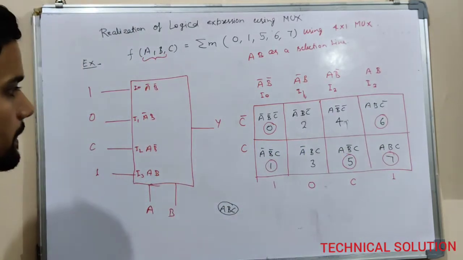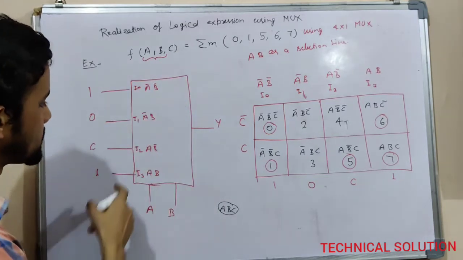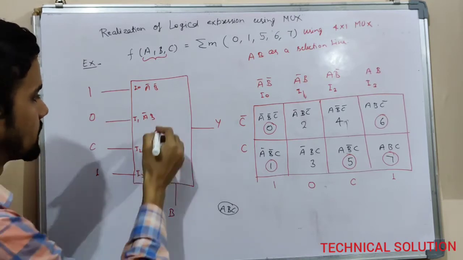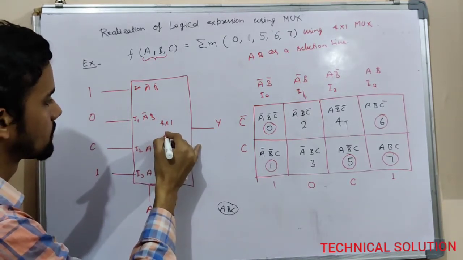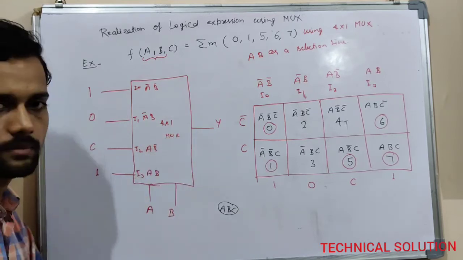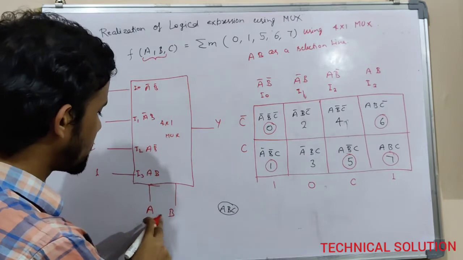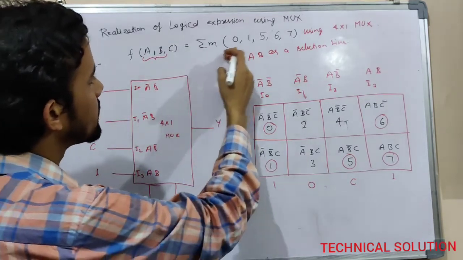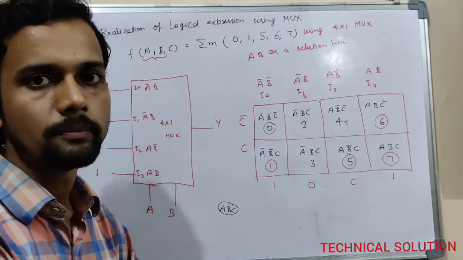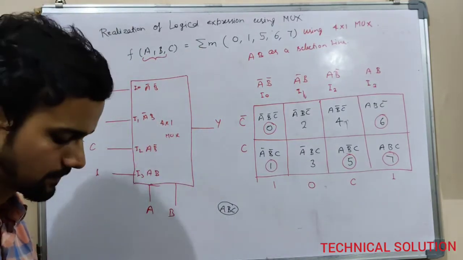Okay, in this way we can realize this expression using 4x1 mux. If we solve this expression Y, that is A bar B bar into 1, if we solve this, we again get this input. Okay, this is the realization using this expression.